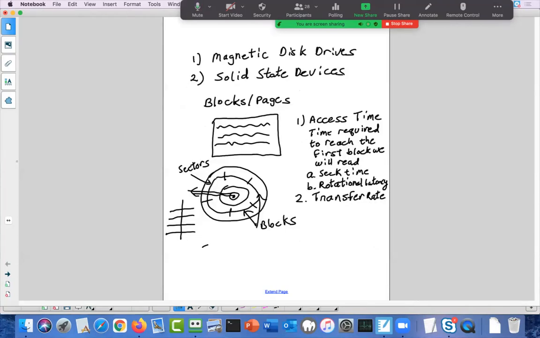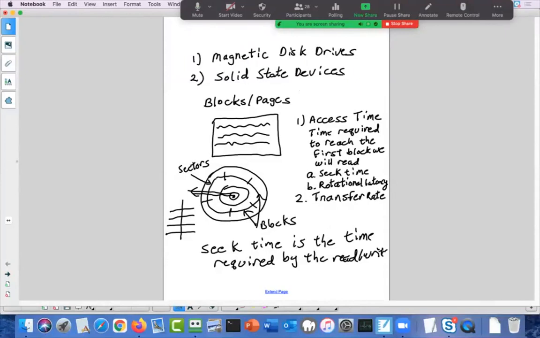So seek time is the time required by the read-write head to reach the correct sector. Okay, the sector containing the first block we want to read.